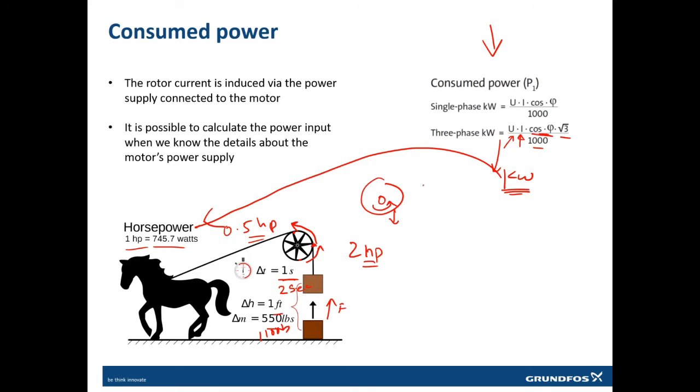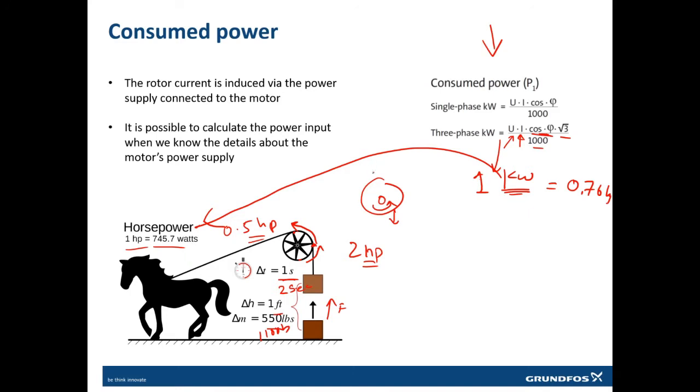You can see 1 kilowatt will be 746 watts horsepower. If I say 1 kilowatt will be 0.76 horsepower, the same will continue.